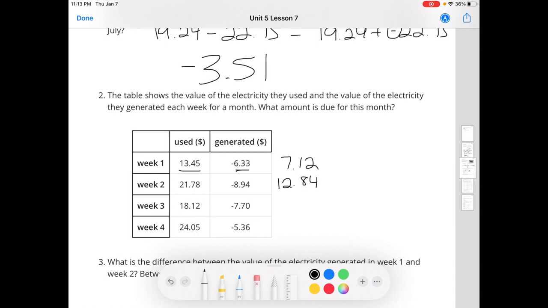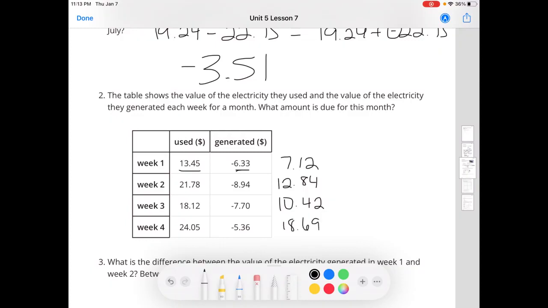Week 3, $18.12 minus my $7.70 credit leaves me paying $10.42. And then week 4, $24.05 minus my $5.36 credit leaves me paying $18.69.